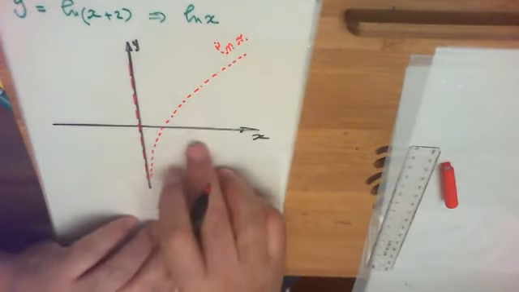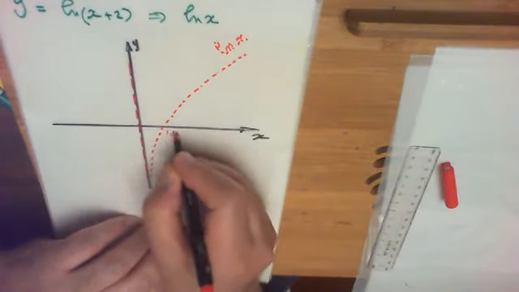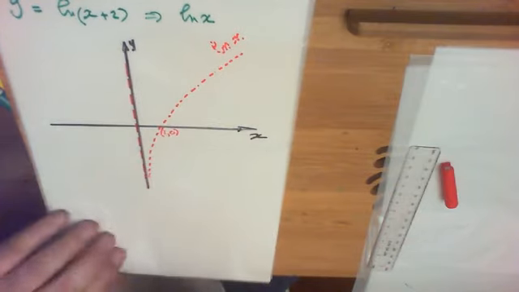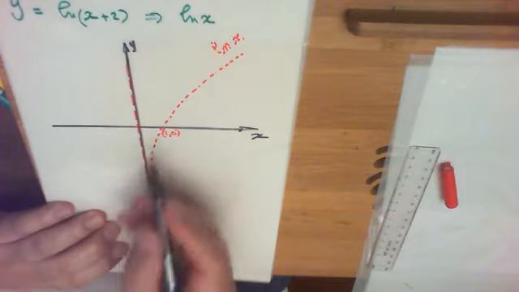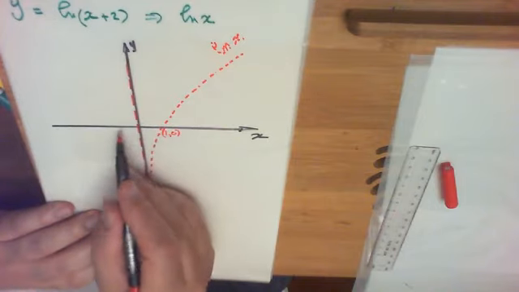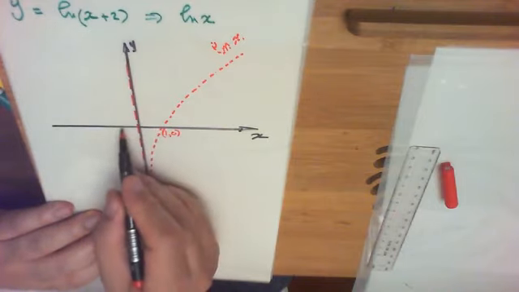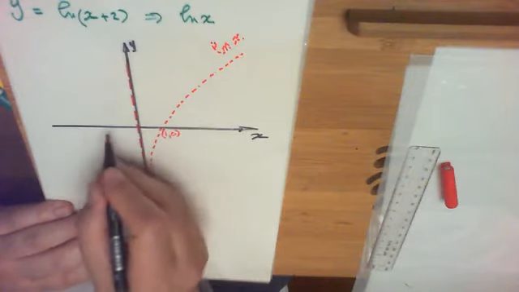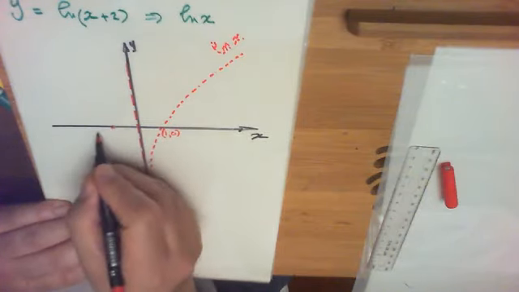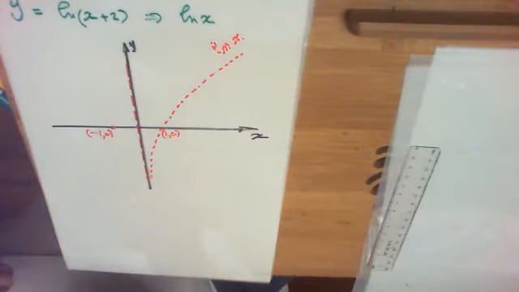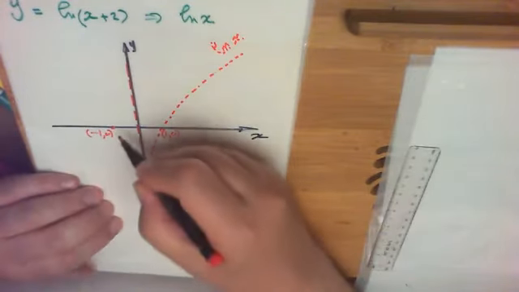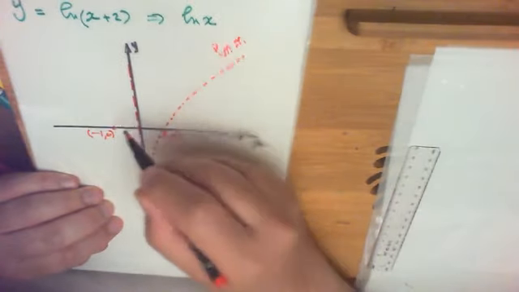Okay, this is the original one. This point is 1, 0. Okay, now what about x equals to, we shift to the left by 2. So this point will be minus 1 and 0. Okay, and the new curve will be like this.